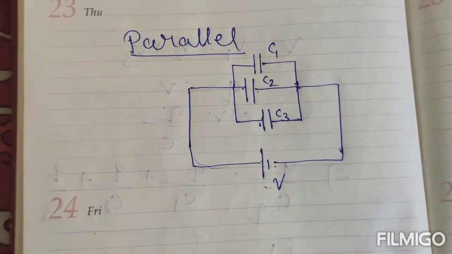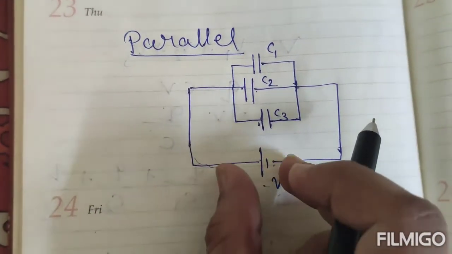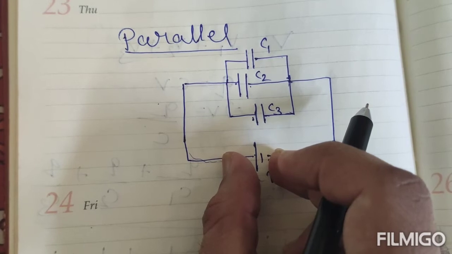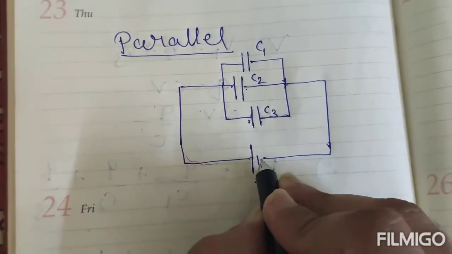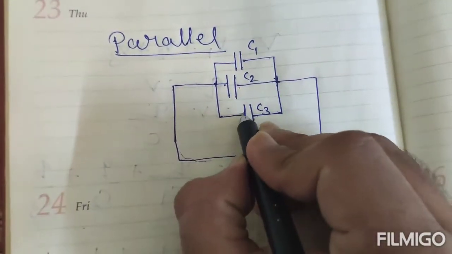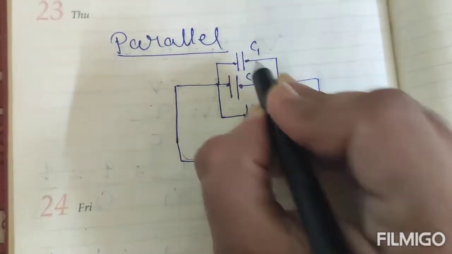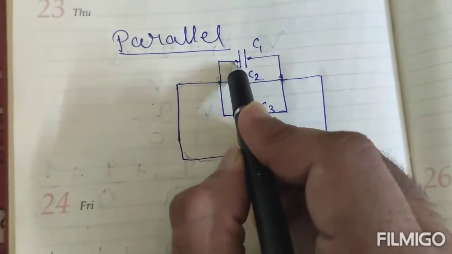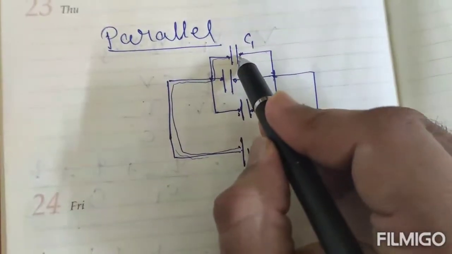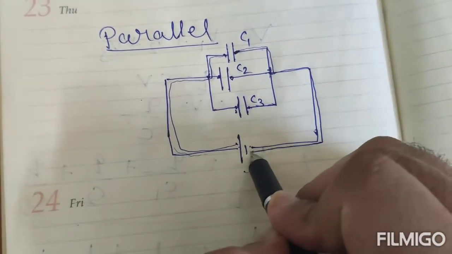Here, you can observe that whatever potential you provide is the same across each capacitor, because each is connected like this to the supply terminals.